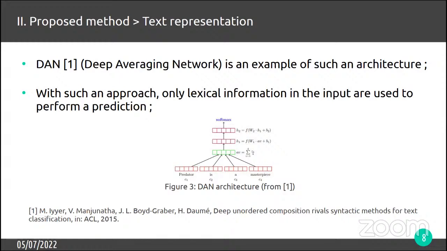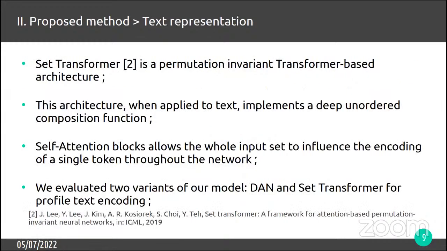So we were inspired by this kind of approach and decided to research alternatives that rely on a deep and unordered composition. So we found another kind of transformer, which you might not have heard of, the Set Transformer, published in 2019.